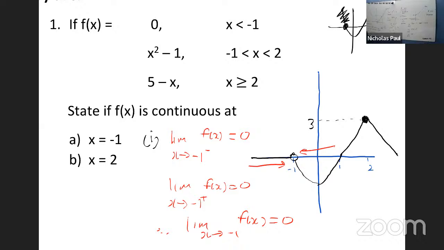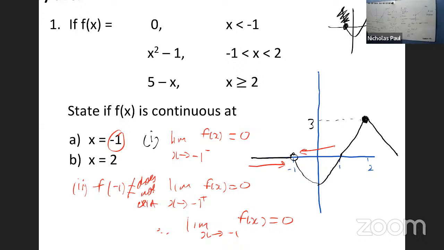So that's step 1. Step 2 now. Does f of minus 1 exist? What do you think? Look at minus 1. Hollow circle or solid circle? Hollow, right? So f of minus 1 doesn't exist. You okay with that?